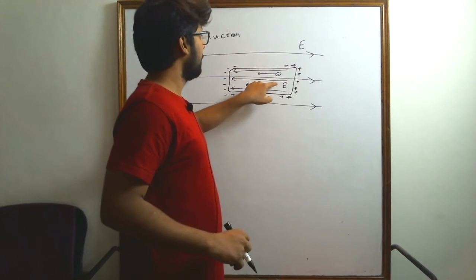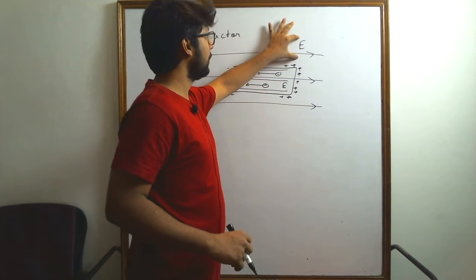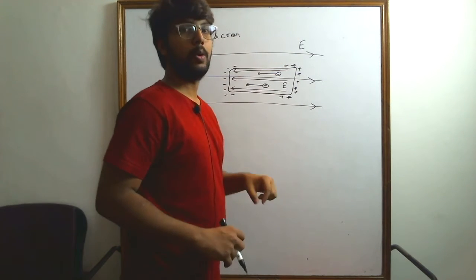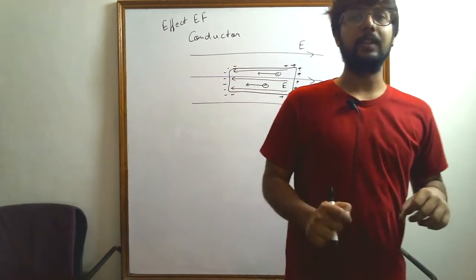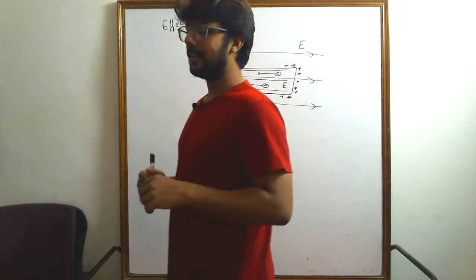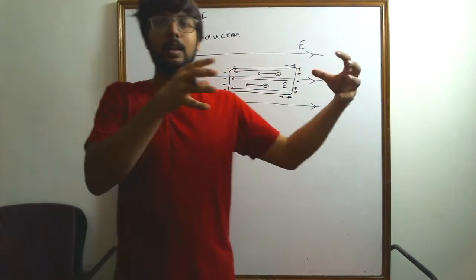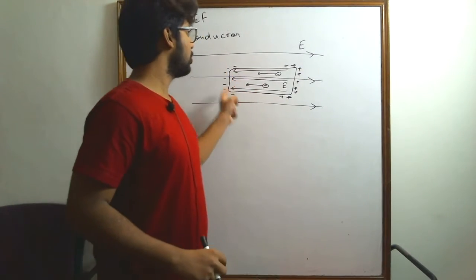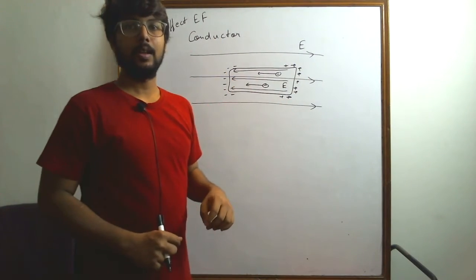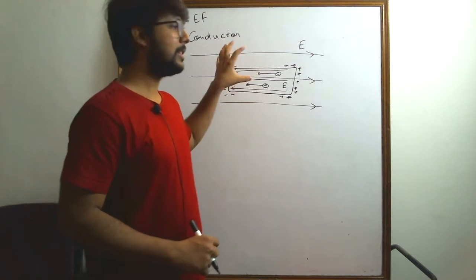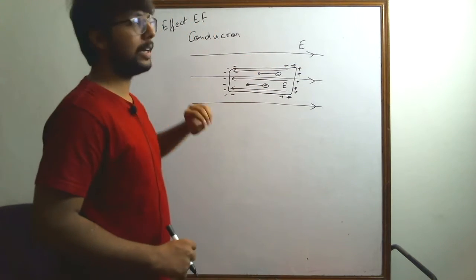So this external field is getting cancelled out by the internal field produced in the conductor due to the shifting of electrons and charges on its surface. This is a very important point. So this is what happens in the case of a conductor.